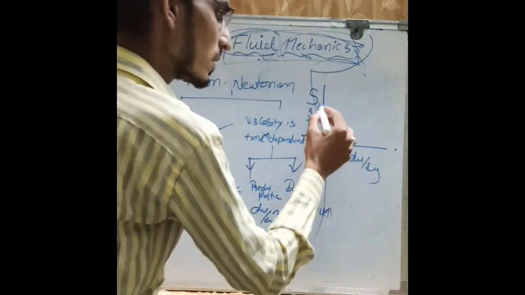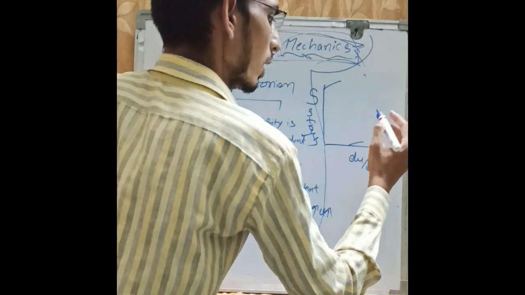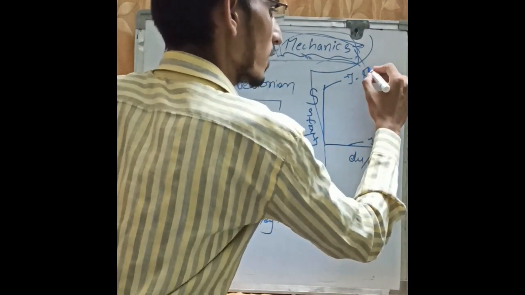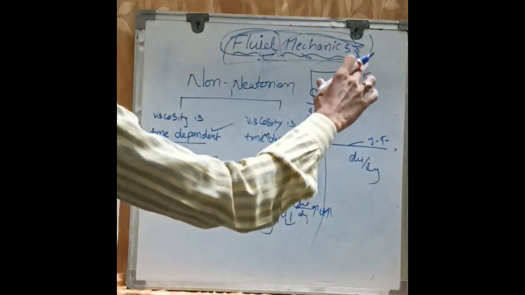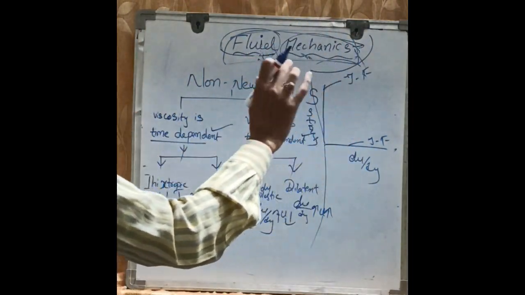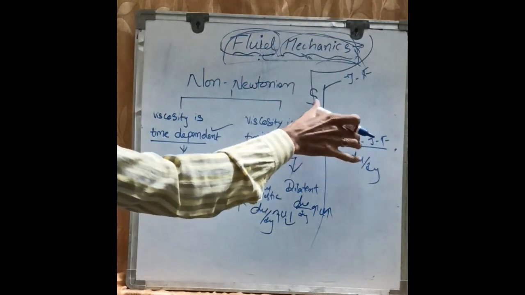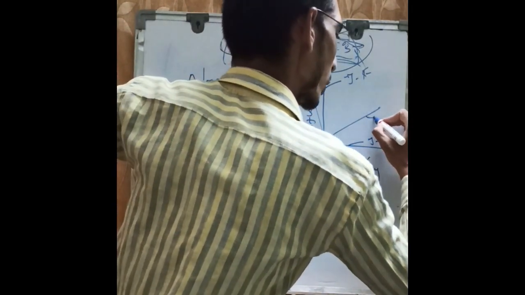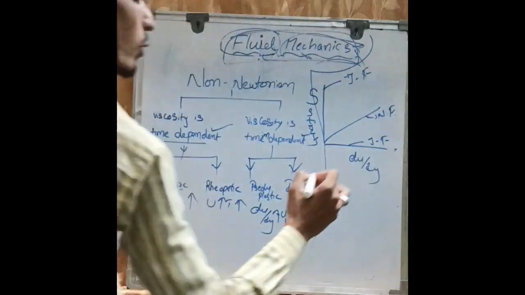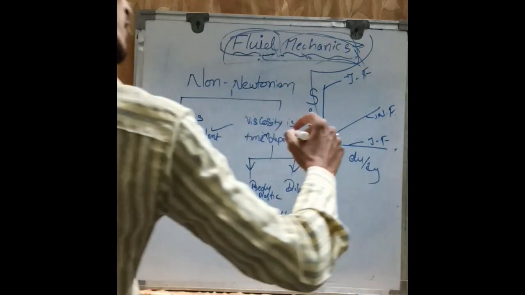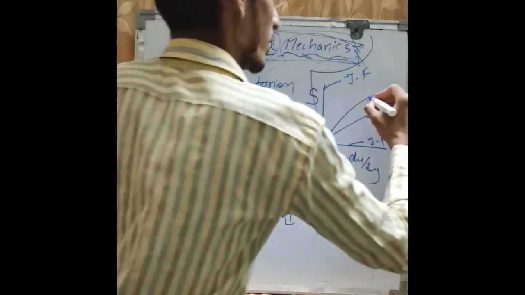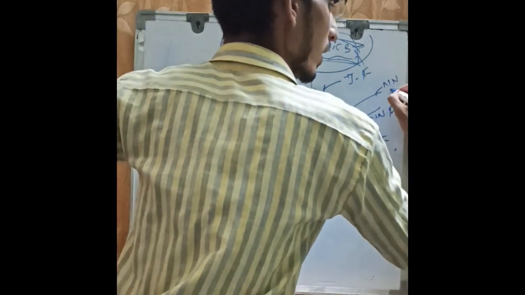Here this line we call an ideal fluid. This is an important objective question in competitive examinations. And this line we call a Newtonian fluid. The next one, if it is like this, is called a non-Newtonian fluid.